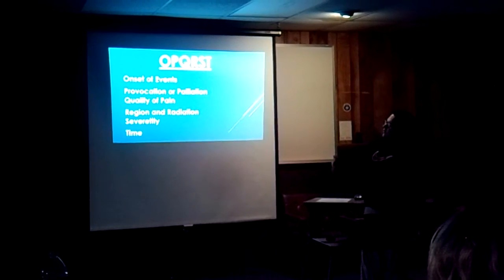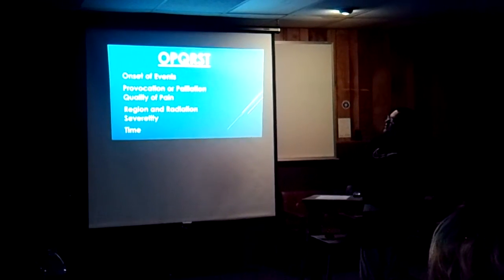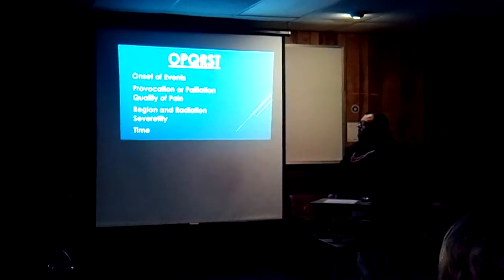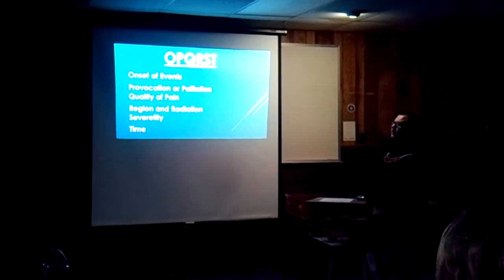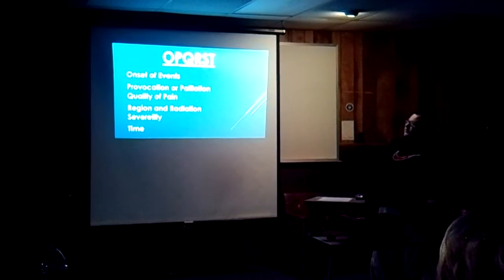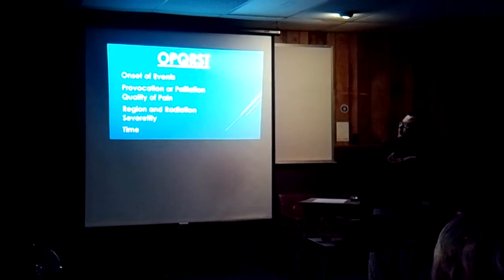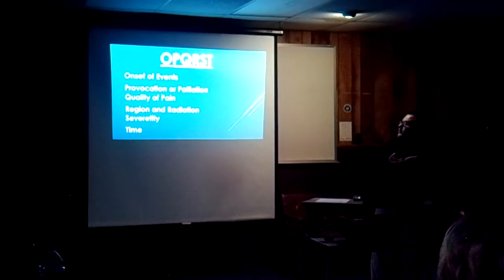When we get on the scene, say we're going to this car wreck, we want to remember this acronym if we're looking at a patient that's severely injured. Onset of events: what caused the event, what caused the injury.